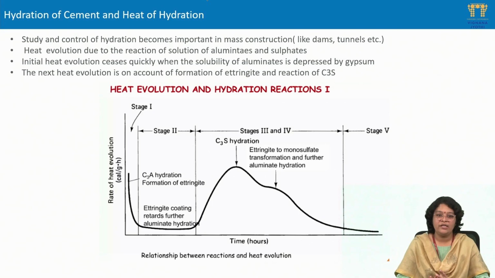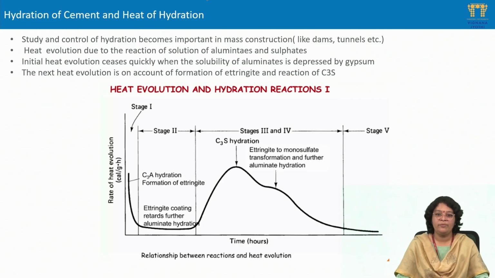And as time proceeds, this ettringite coating retards further aluminate hydration, which causes a dormant stage to develop in the hydration process. In stage 3 and stage 4, we see the C3S reacting with the water, which results in the formation of CSH, because of which a peak forms at stage 3.